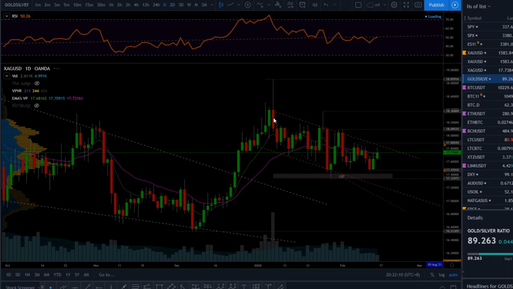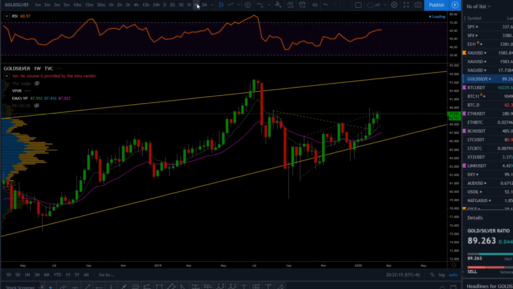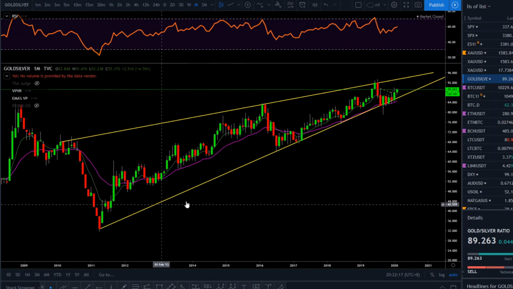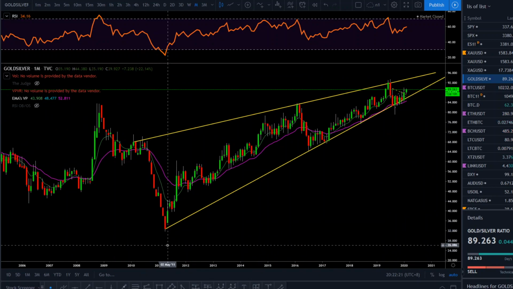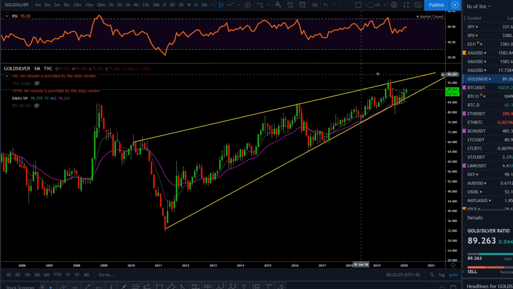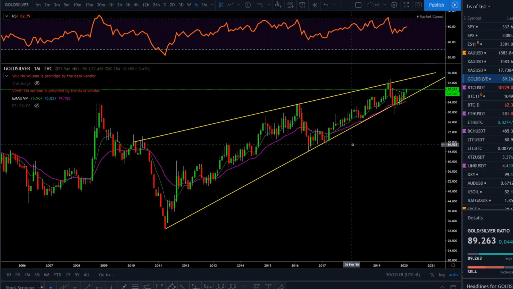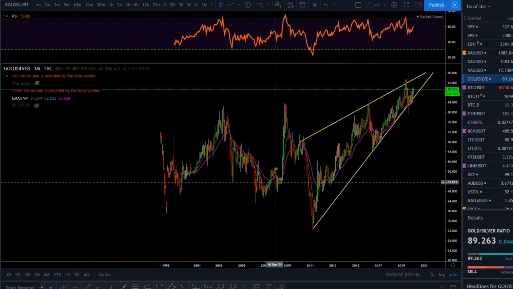Looking at the gold and silver ratio, we're back in this multi-year channel from 2010, basically for 10 years. It's been grinding up in this rising wedge to all-time highs on this chart.